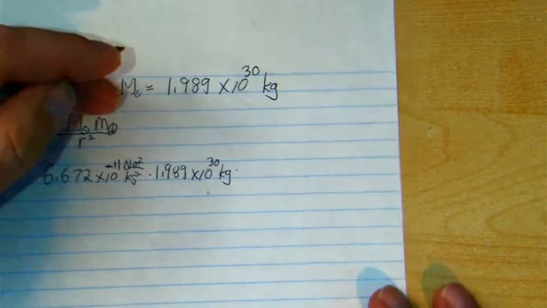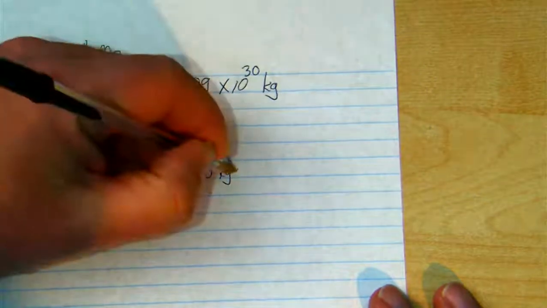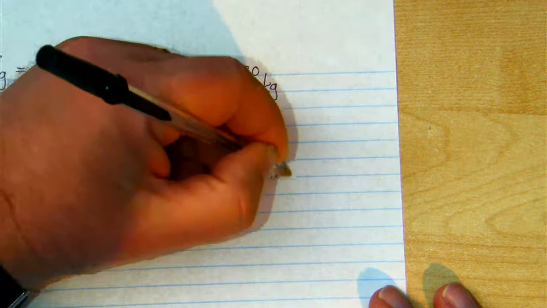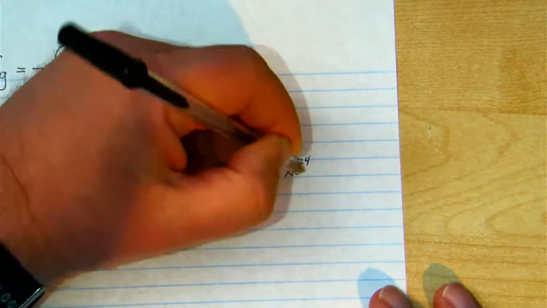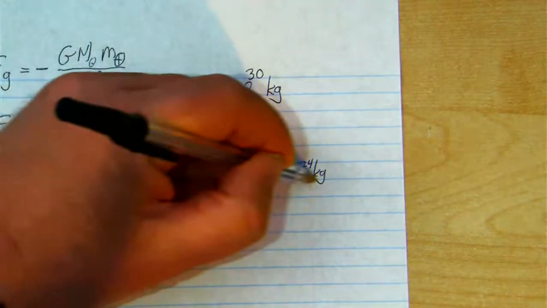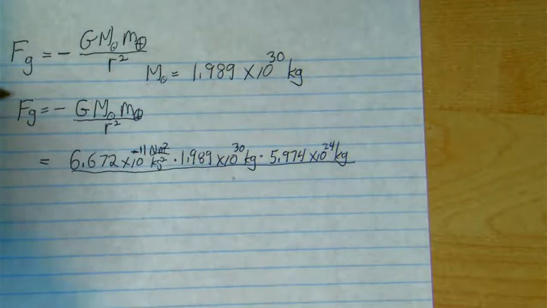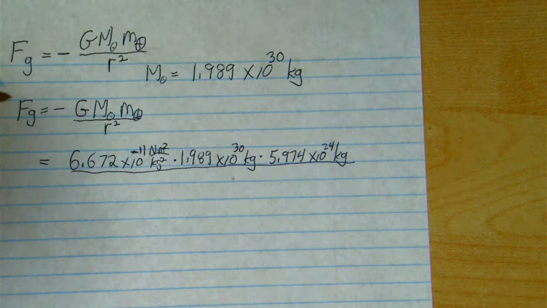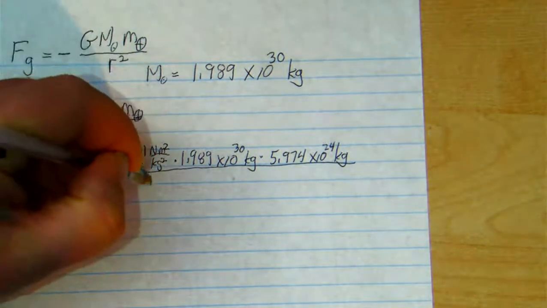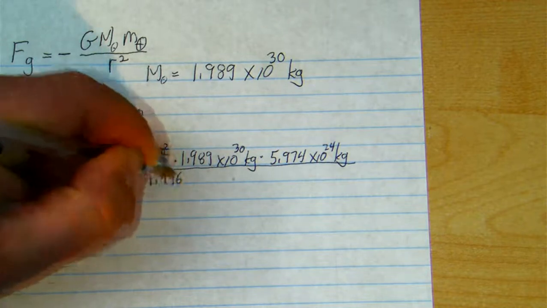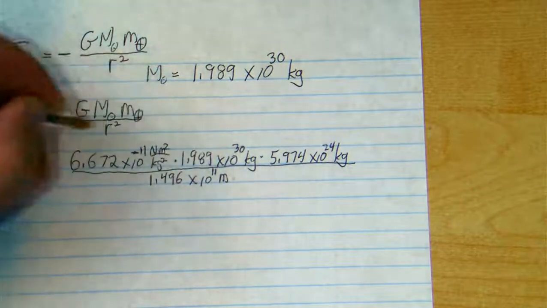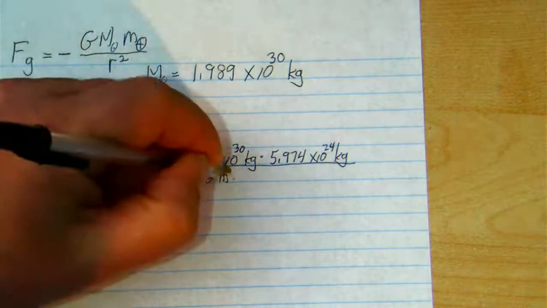For the mass of the Earth, so I'm multiplying, I'm going to use 5.974 times 10 to the 24th power kilograms. And for the distance from the center of the Earth to the center of the Sun, again, I have to express it in units of meters, not kilometers. So that makes it 1.496 times 10 to the 11th power meters. And that quantity is going to be squared.